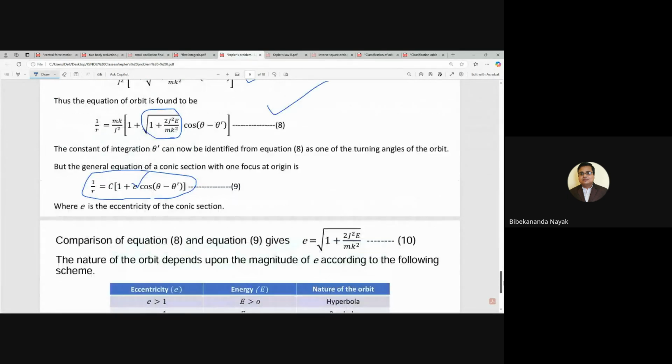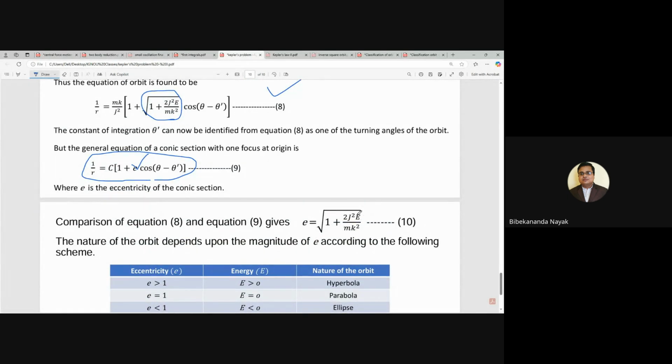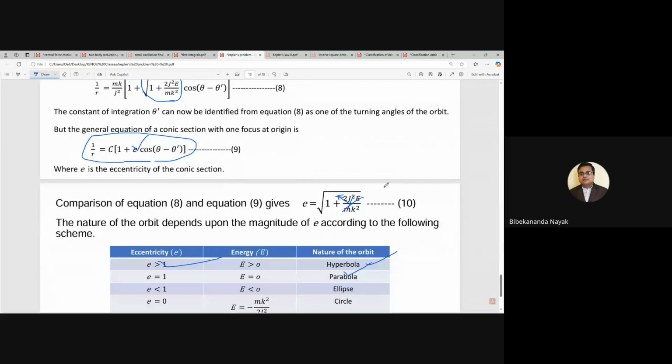When energy e is positive, e greater than 0, then eccentricity is greater than 1. That case is hyperbola. When e is equal to 0, eccentricity is equal to 1, so the case of parabola. When e is negative, less than 0, eccentricity is 1 minus something, meaning less than 1.